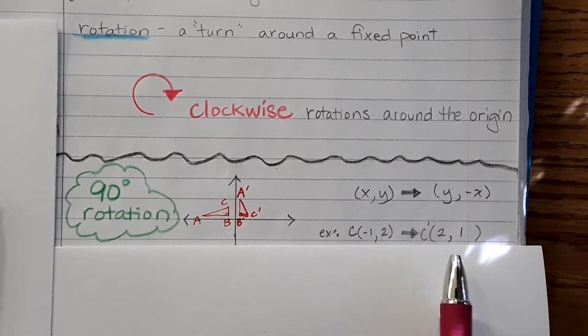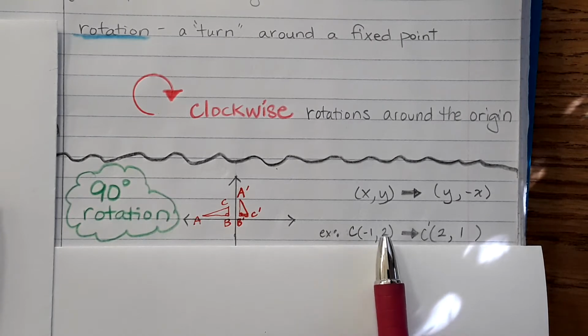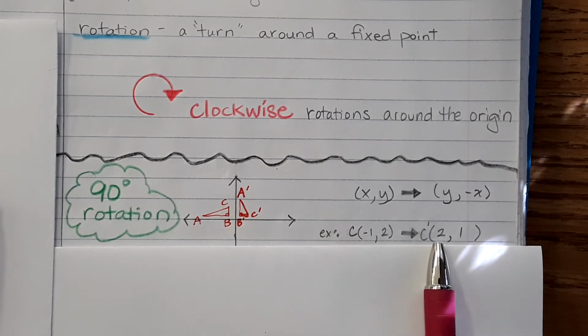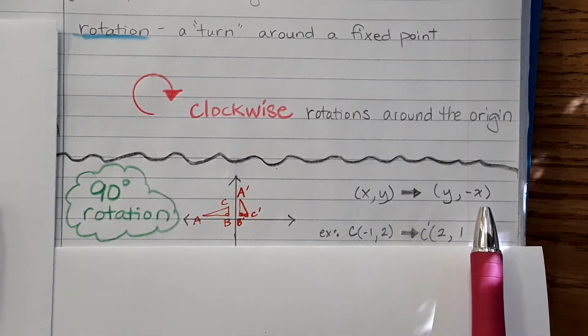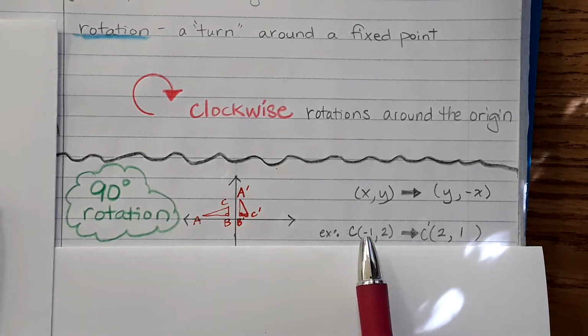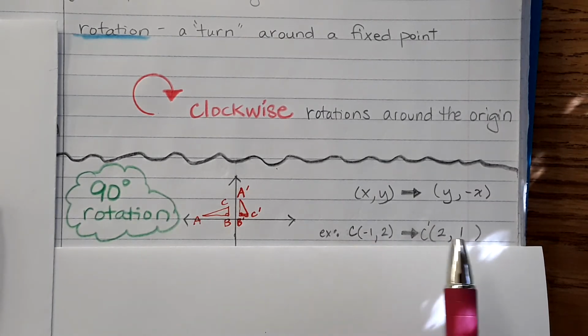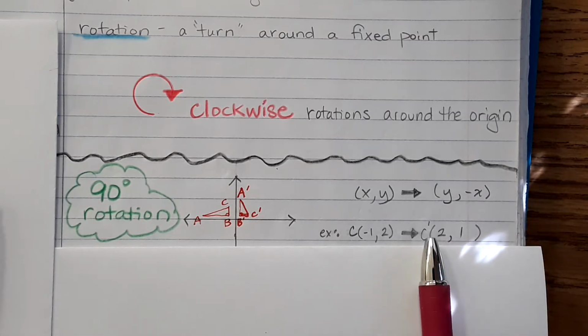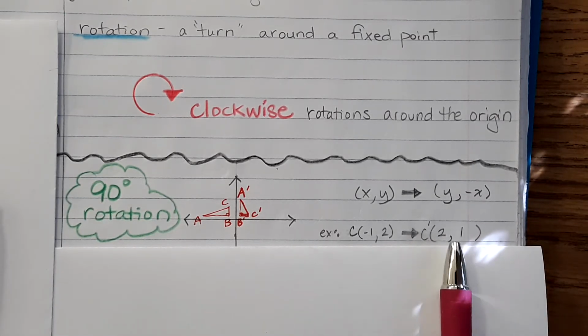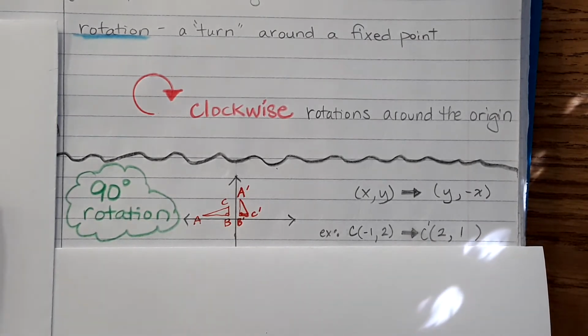So for C prime, my y value in C was 2, my x value now is 2, just putting that value first. Then the form says to take the opposite of x. So if x is -1, the opposite is +1, I put +1 here. Now these are my new x and y values for C prime.